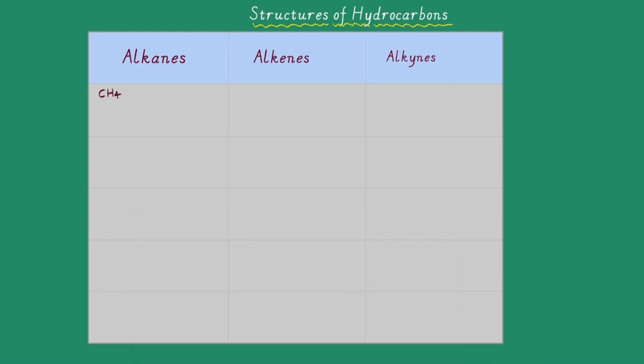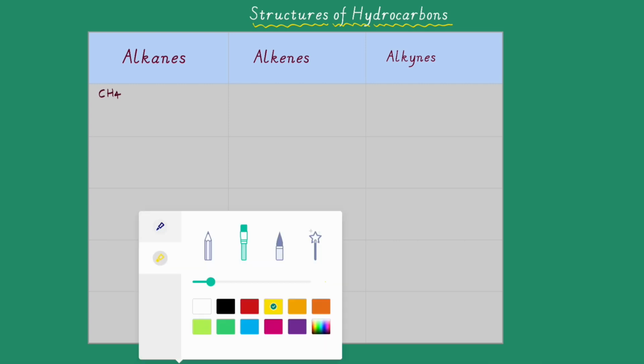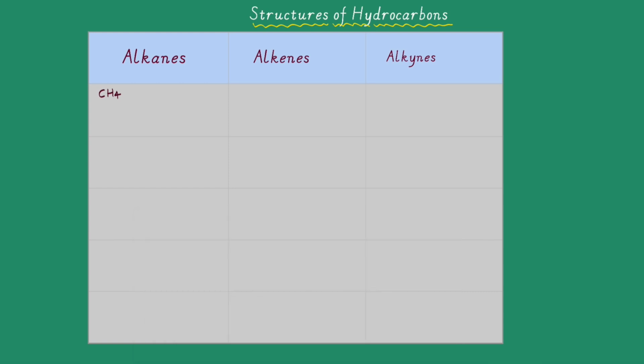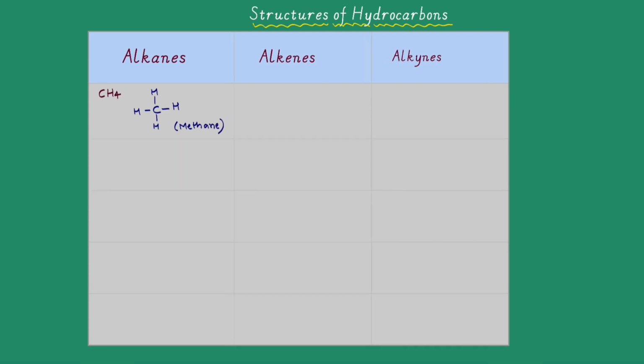There will be only one carbon atom in this, but 4 hydrogens. This is the structure of methane. What is the name? Because there is one carbon, it is methane. I told you there will be no methane and no methyl.